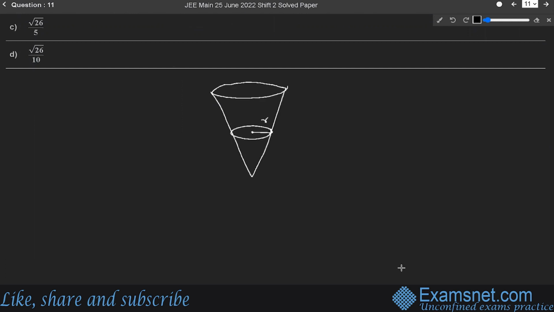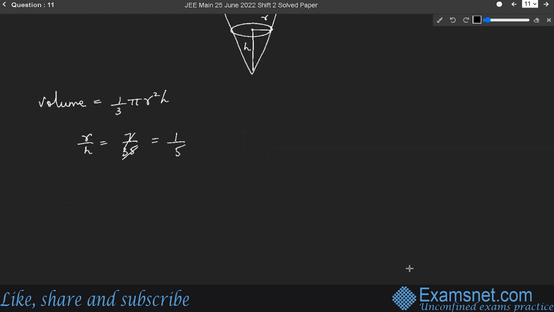Considering this as radius and this as height, we know that volume of a right circular cone is 1 by 3 pi r square h. And we know that r upon h is equal to 7 by 35, which is 1 by 5. So we can say that the volume will be equal to 1 by 75 pi h cube.